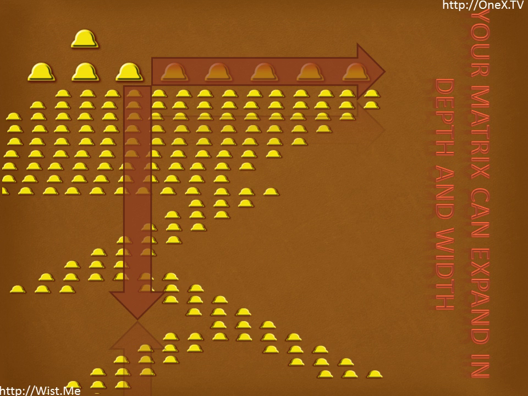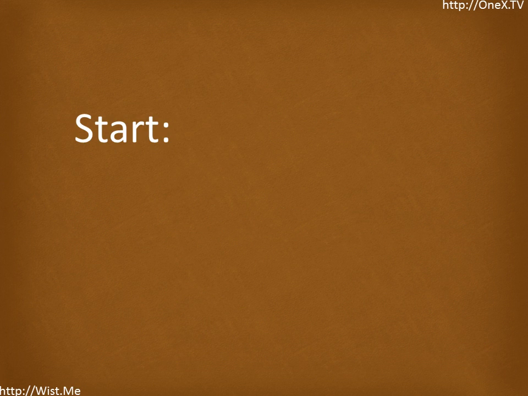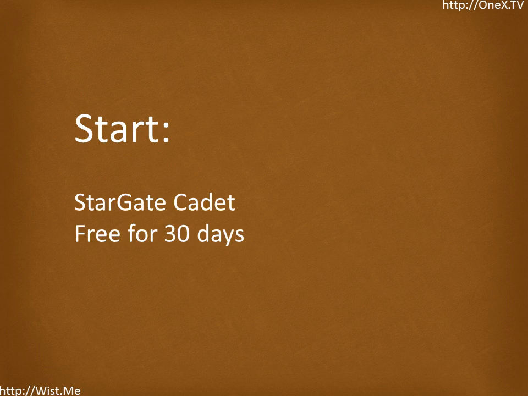Now, how do you start in QLxChange? First of all, when you registered in 1x, I already said you also started an account in QLxChange. When you start in QLxChange, you start as a Stargate cadet, and this position as a Stargate cadet is free for 30 days.